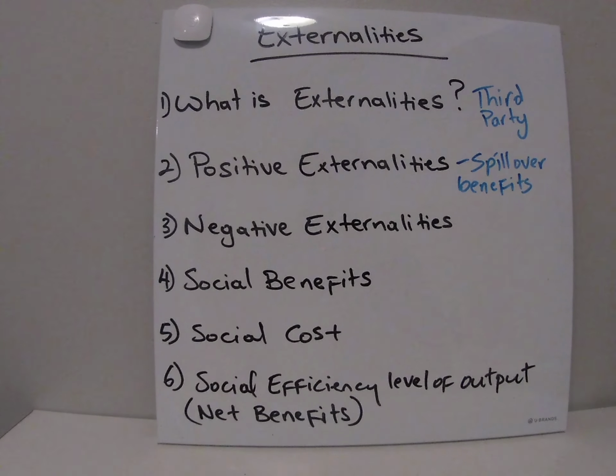If you have light shining on your house or within your pathway, whether to walk to the side of your house or the back of the house, you would have had a positive externality from this because you have benefited. You didn't buy or produce this good, but yet you still had light to walk to your backyard or the side of the house.